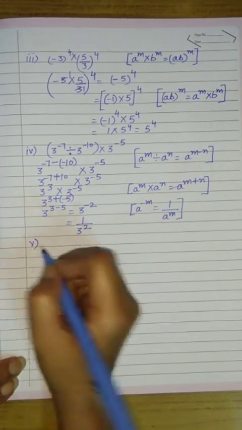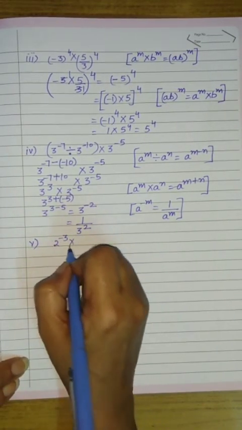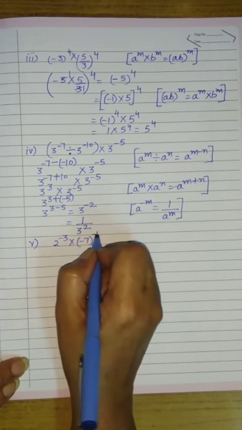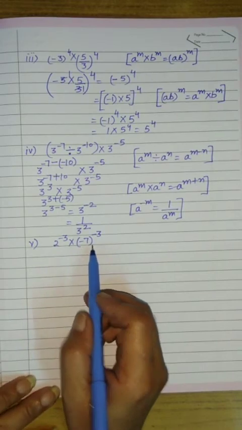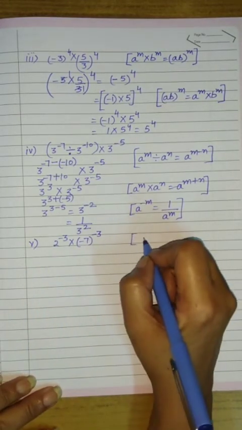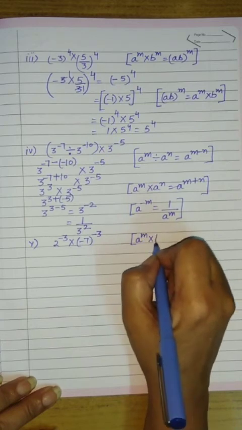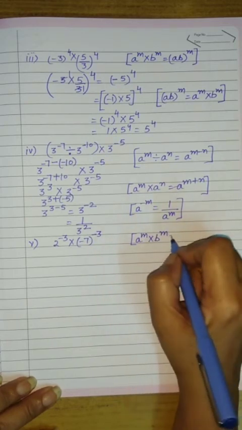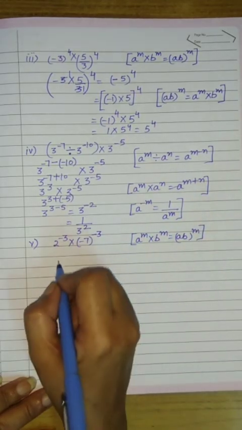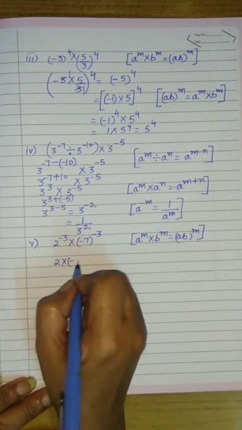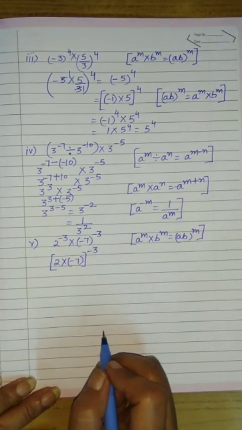Now fifth part of this question is 2^-3 into (-7)^-3. Now both the terms are having same exponent, so we will use here the law of exponent, that is a^m into b^m is equal to (ab)^m. So it will become (2 into -7)^-3.